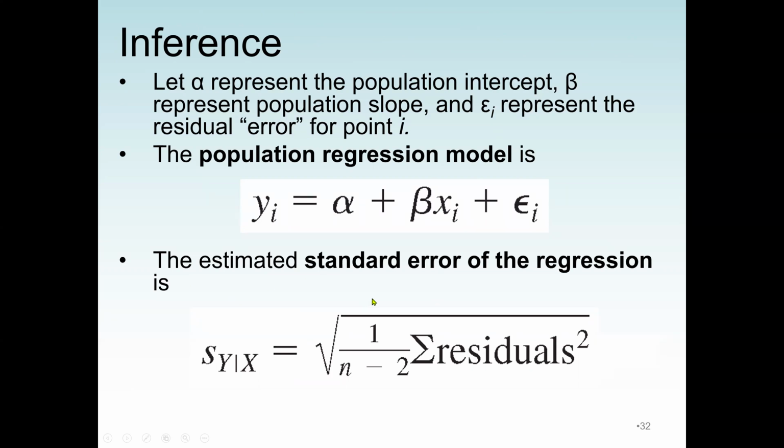Now, to estimate the standard error of a regression, the formula is 1 over n minus 2 times the sum of all the residuals squared. The sum of all residuals means, for all the x values, the difference between the predicted value and the actual value is a residual. If we add all of them, we get 0, so we square them first before we add.